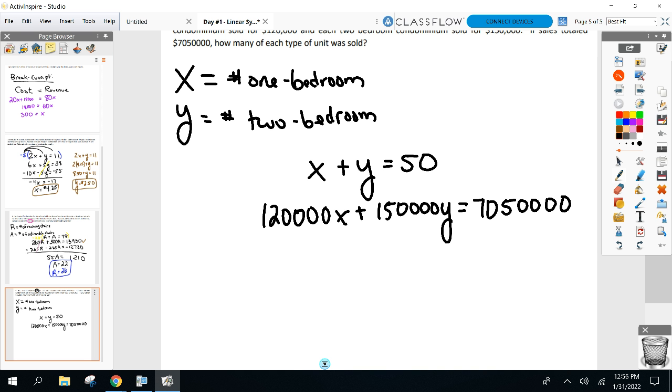Okay, what happens here? So here we go. 150,000 minus 120,000. And then now I subtract the y's, equals, now I'm subtracting those.